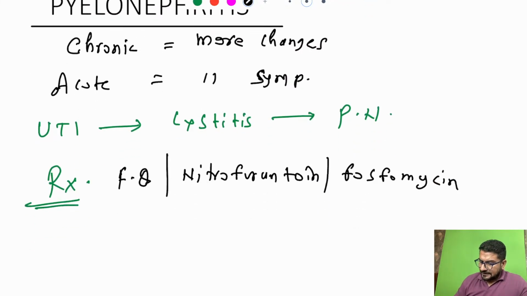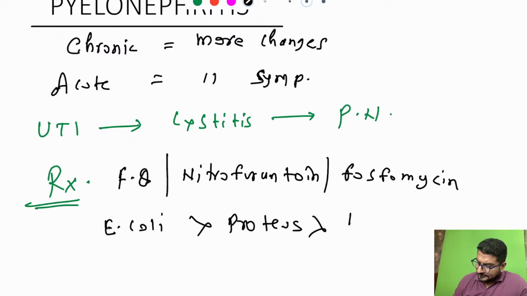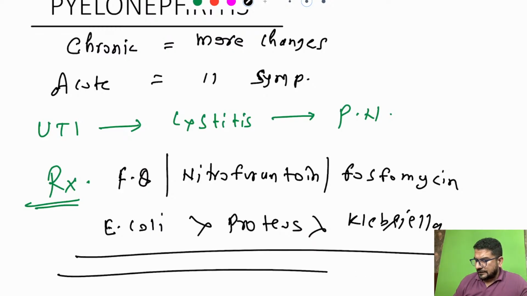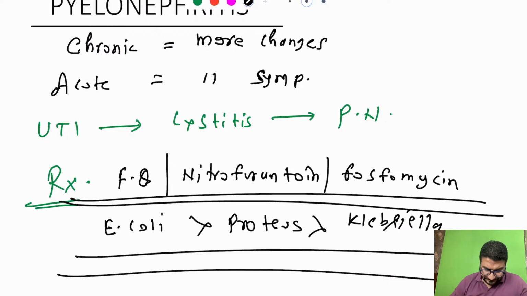If you ask me the cause, the most common cause of all three will be E. coli. Second, in some places it is Proteus, in some places it is Klebsiella. All these are bacteria where fluoroquinolones and nitrofurantoin are very effective.